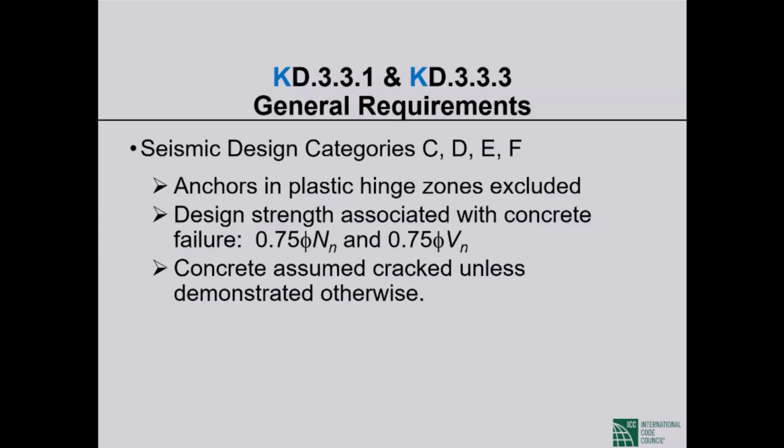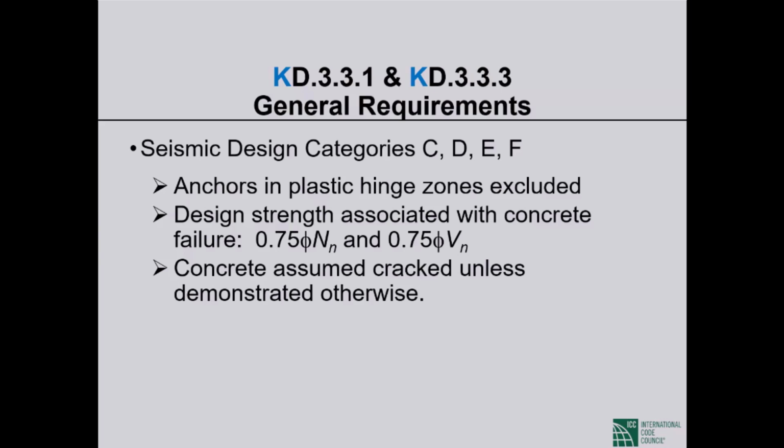If you want to put an anchor bolt at the end of a beam, you want to put an anchor into the beam near its column support, that anchor is excluded because there will be plastic hinging at that beam end.